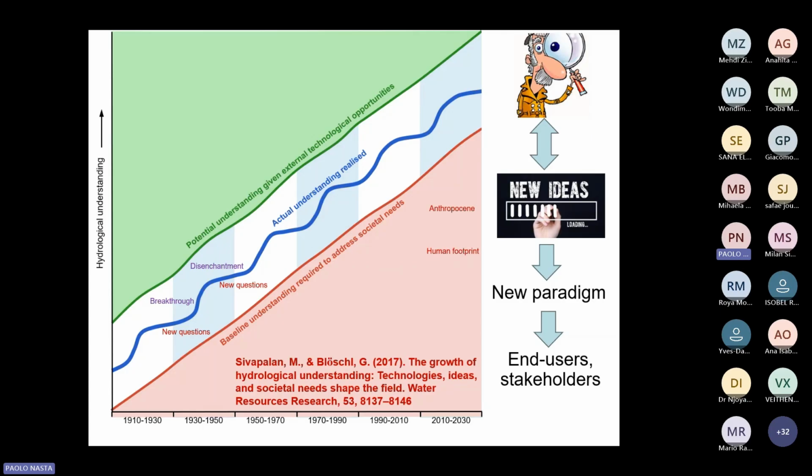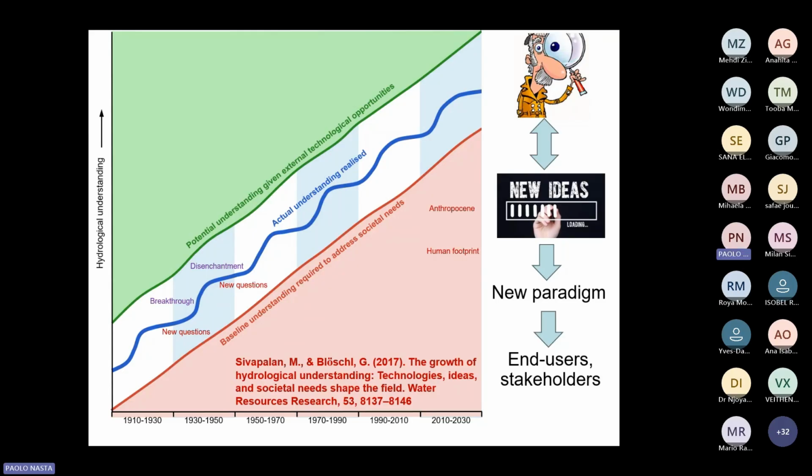So the opportunities given by the technological advancements are huge, but also the challenges requested by the society require huge and intense efforts. So basically, nowadays we live in the Anthropocene, where the human footprint has a huge impact on the ecosystem services. And so we require very advanced research for soil hydrology.